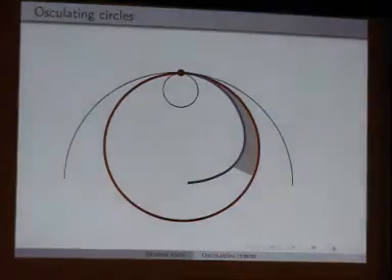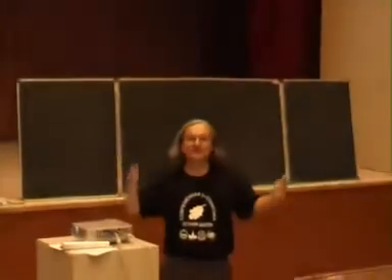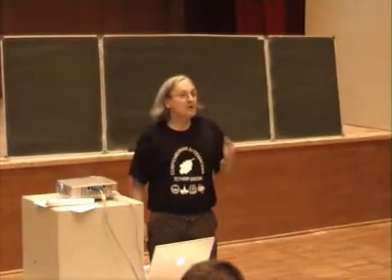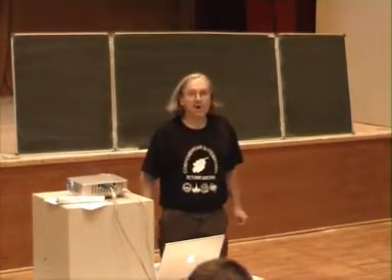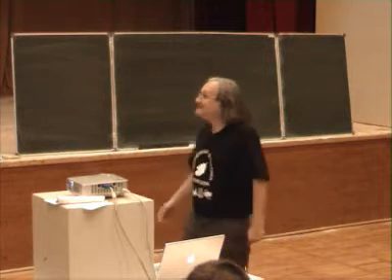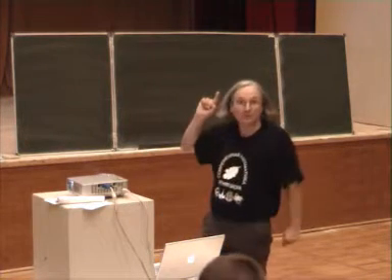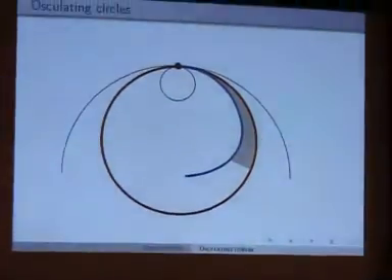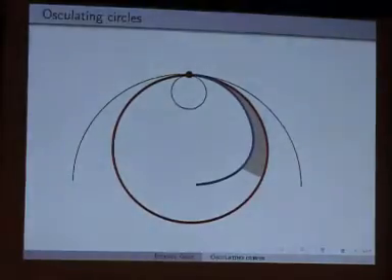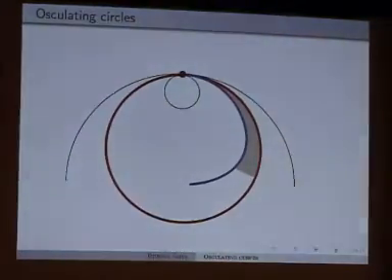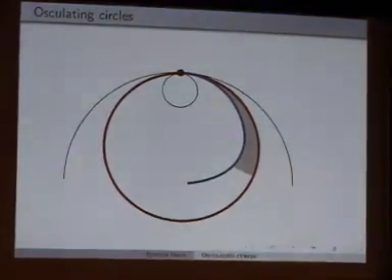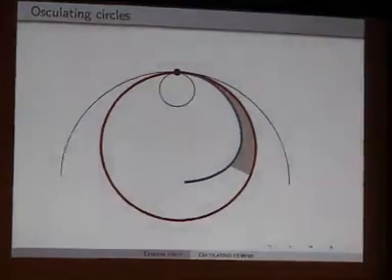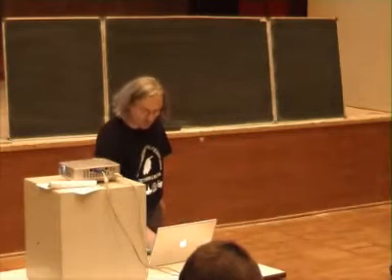If you go to the very old books describing circle of curvatures, when I say very old, I mean 2 centuries old or something like that, you will see this as a definition of the circle of curvature. It is the only red circle which, together with the blue curve, determines a zone which does not contain any other piece of circle. That's the definition.